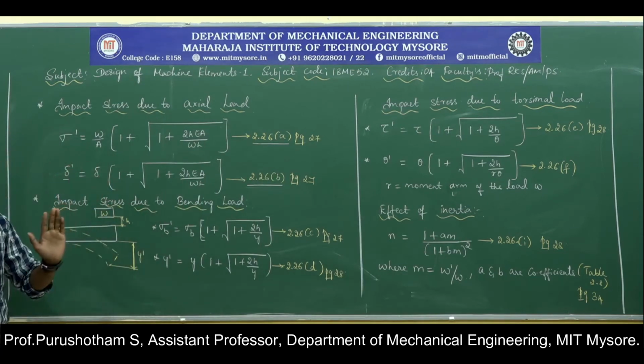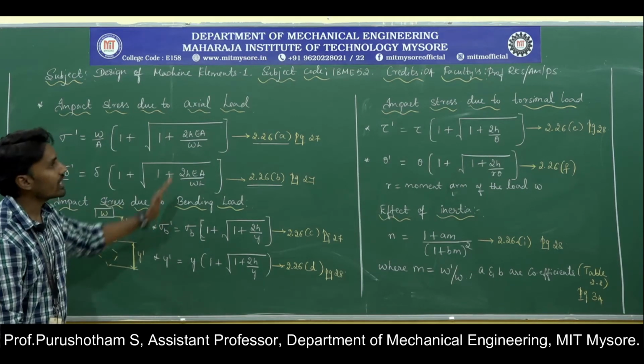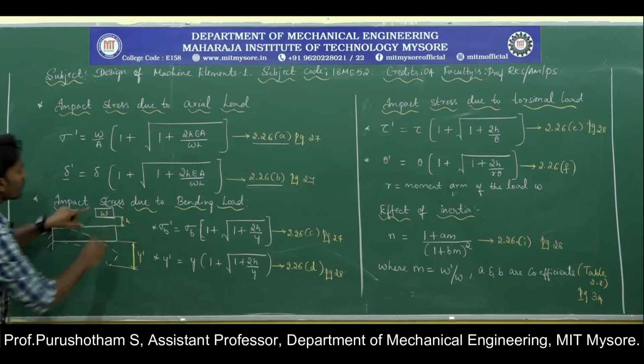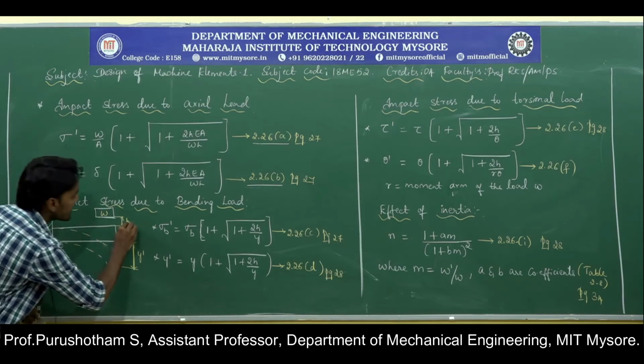In the same way, if you derive the equation for the bending load as well as the torsional load, you can see here the beam which is subjected to an impact load of W, the height of fall is h.